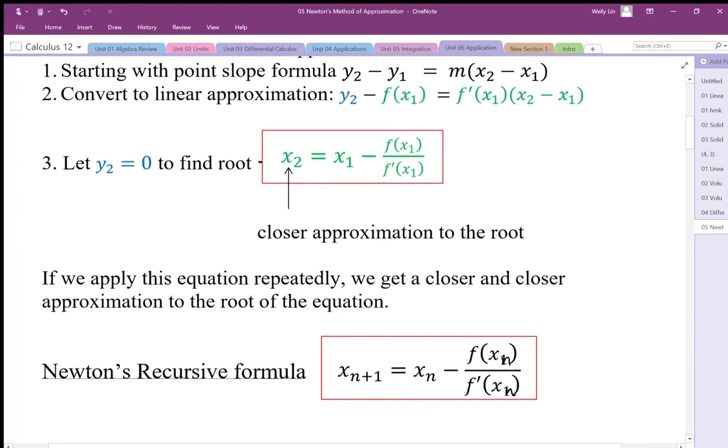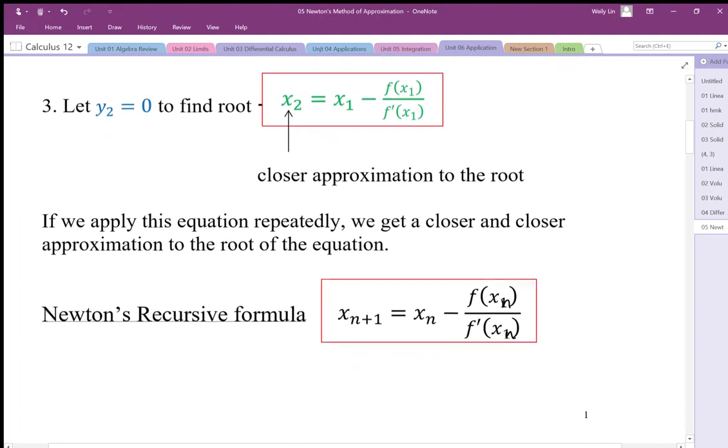So this is a recursive formula that we can use to approximate the 0 for any number of iterations. And the more iterations, the closer you get to the actual solution.